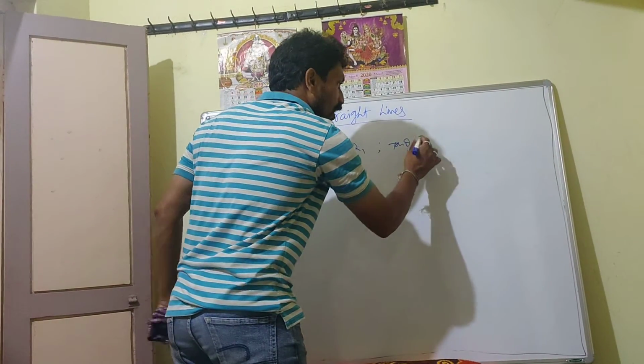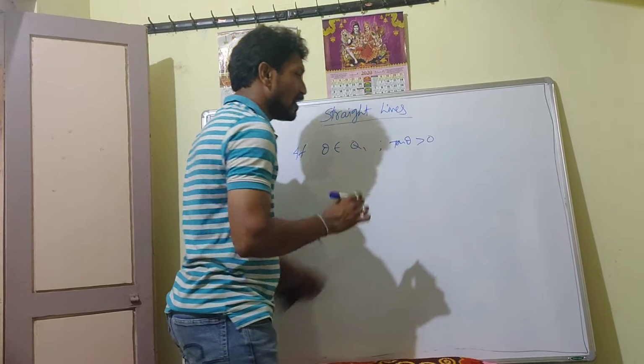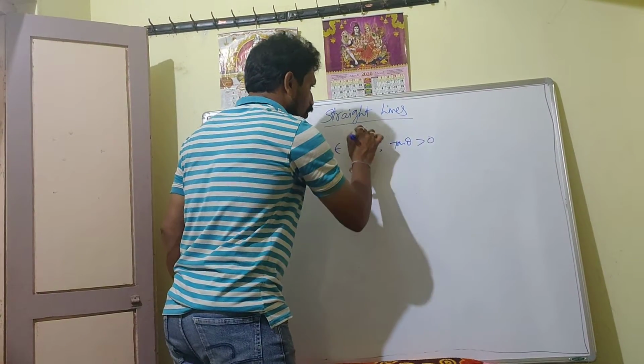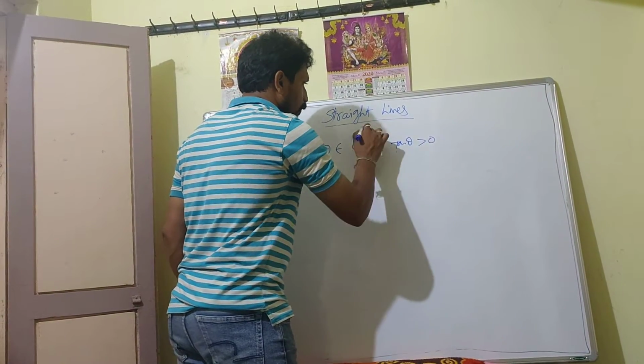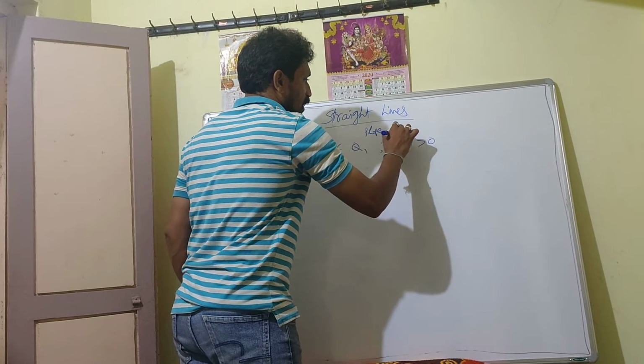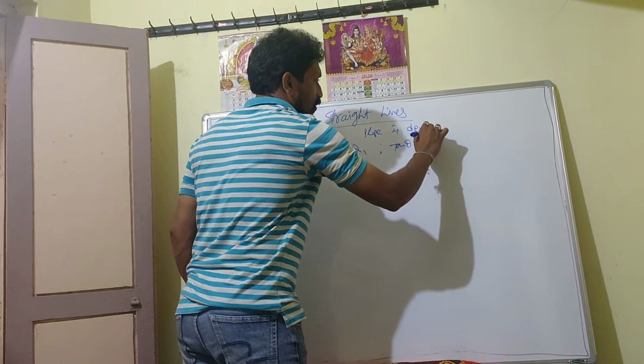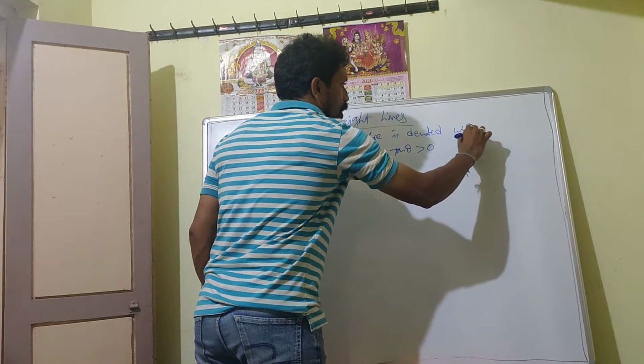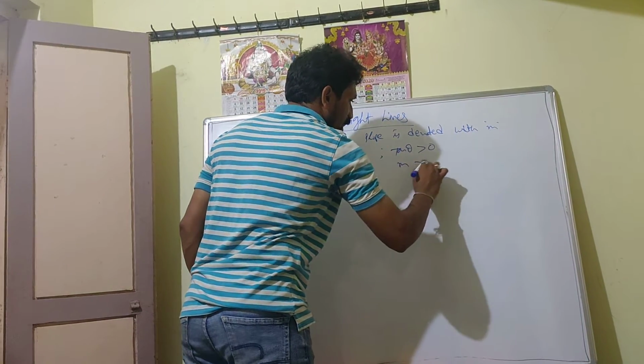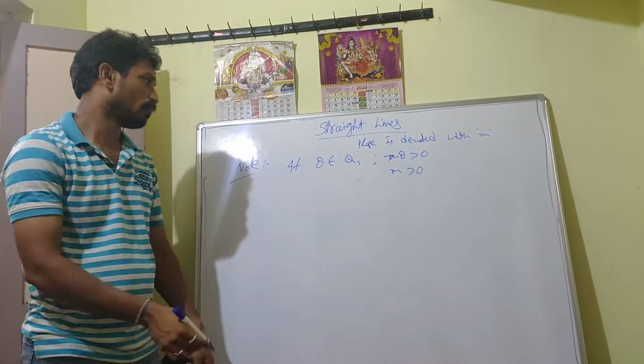So tan theta is positive. Just remember, slope is denoted with small m. You can write here m is greater than 0.